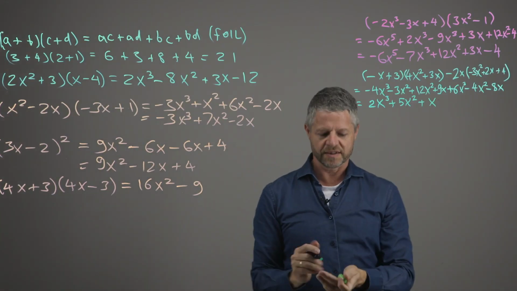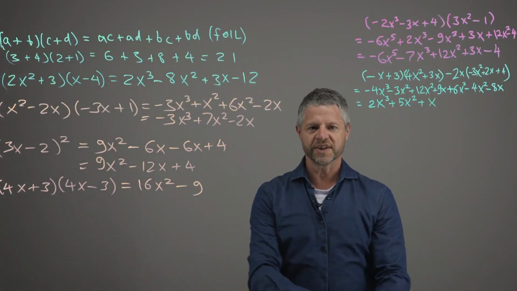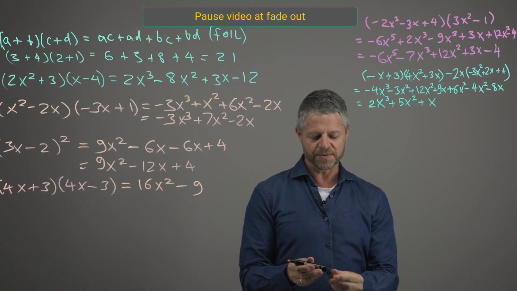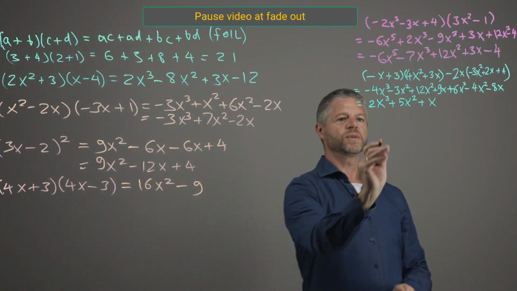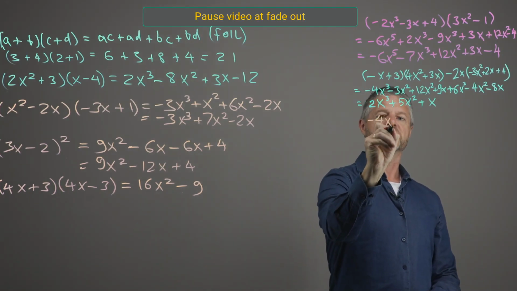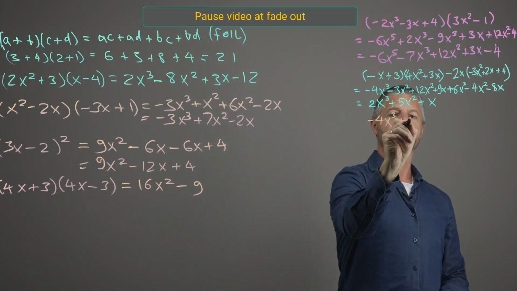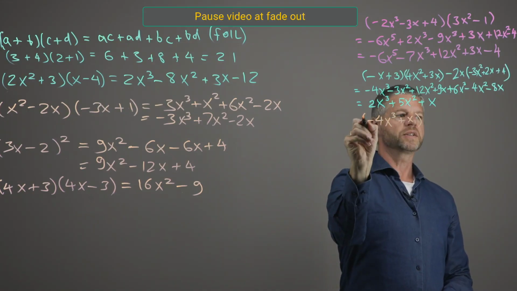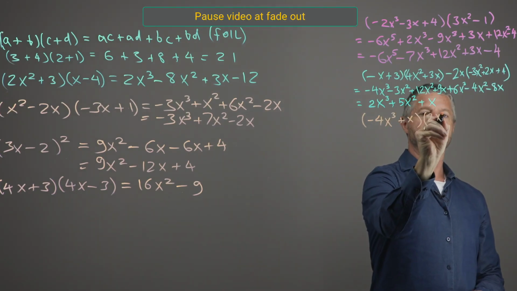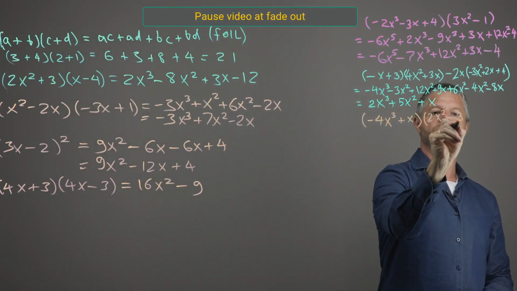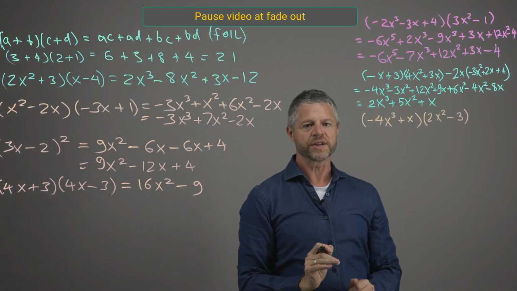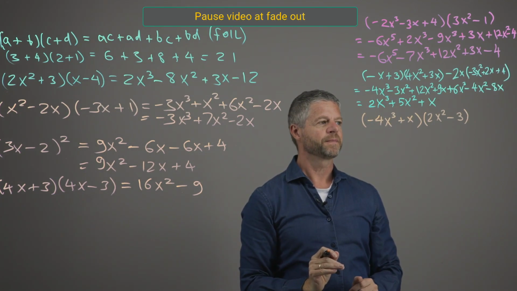So at this point, pause the video and see if you can work through the next two problems. So we're going to have minus 4x cubed plus x times 2x squared minus 3. So you just have 4 partial products to worry about there.